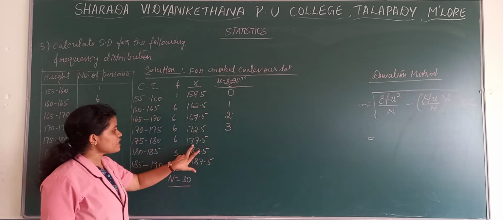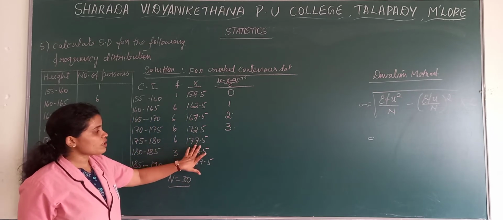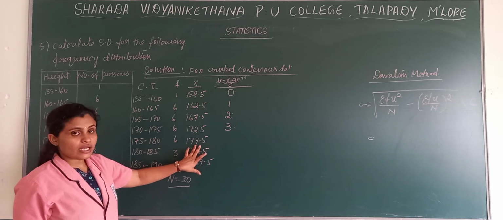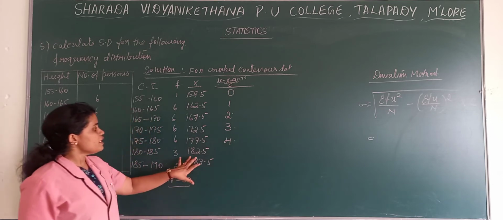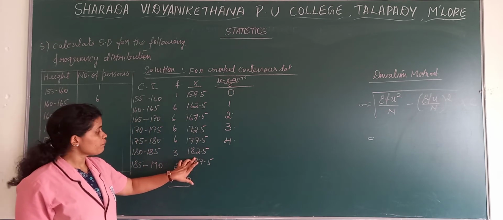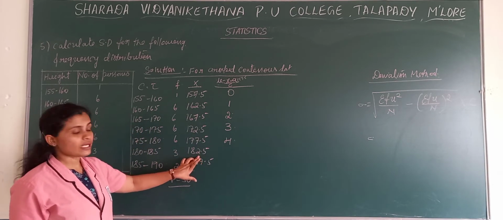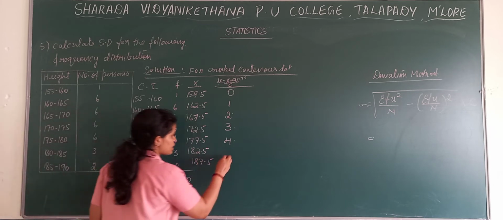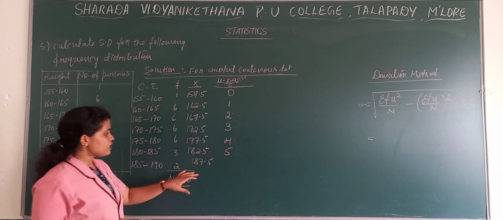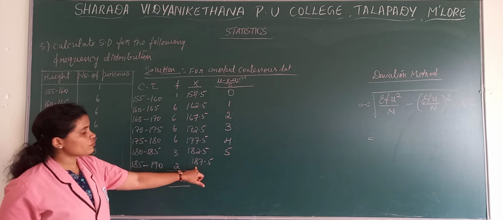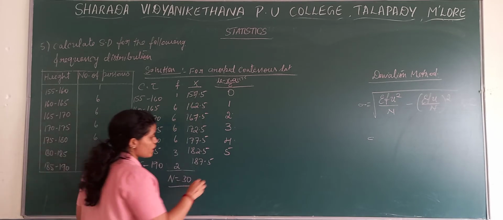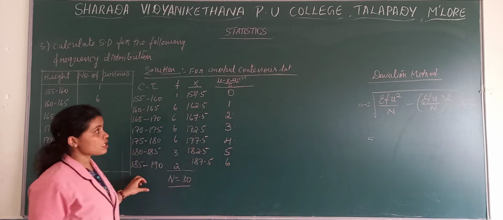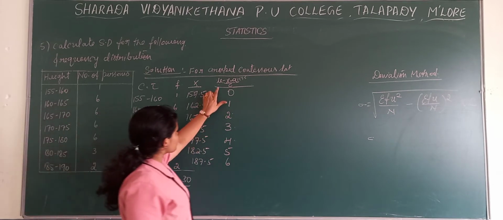Next one, 177.5 minus 157.5 divided by 5. Here we get 4. Next, 182.5 minus 157.5 divided by 5. We get 5. And last one, 187.5 minus 157.5 divided by 5. Here we get 6. So now we got u.